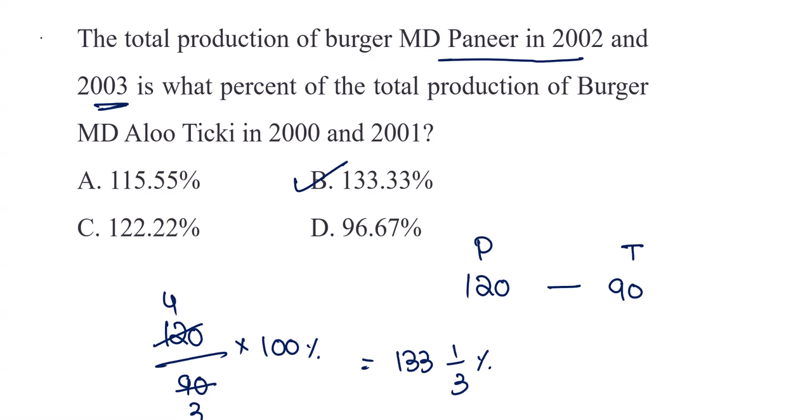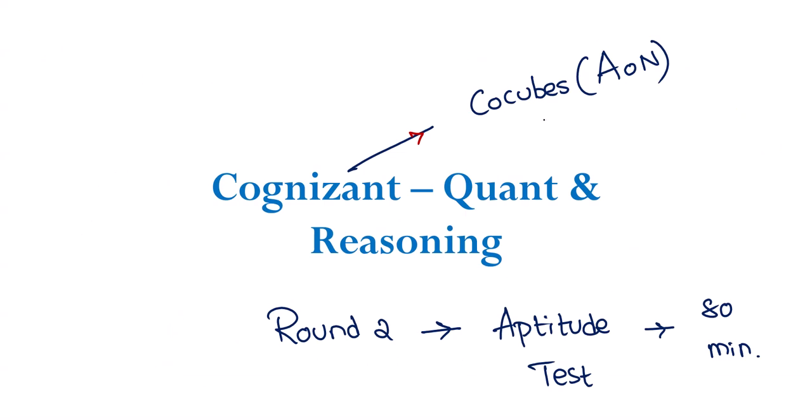This is related to quant data interpretation. We mixed up quant and reasoning both. And one good feature regarding this Cocubes platform is that you can go for any question, you can start any section, navigation allowed.